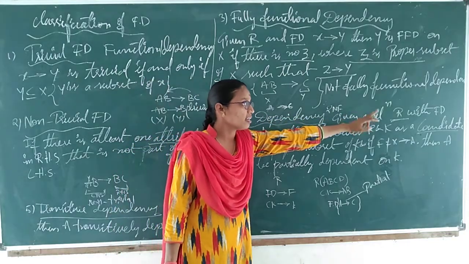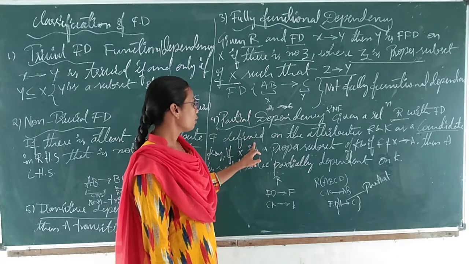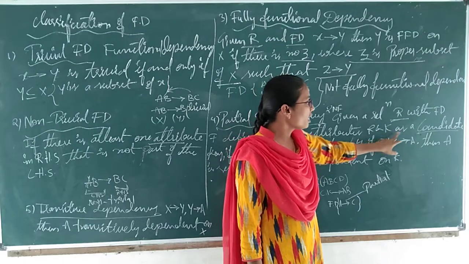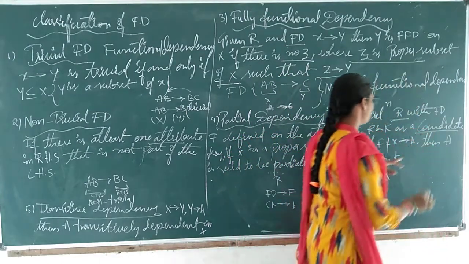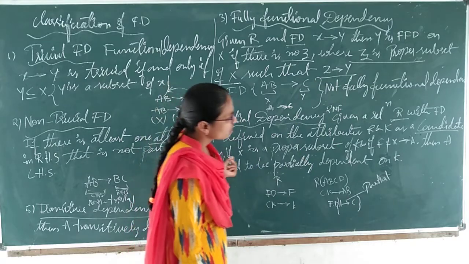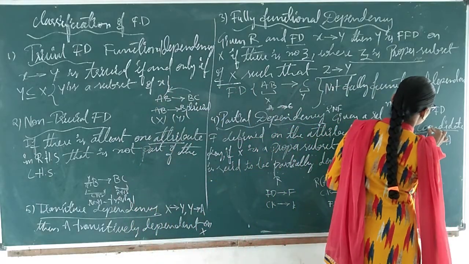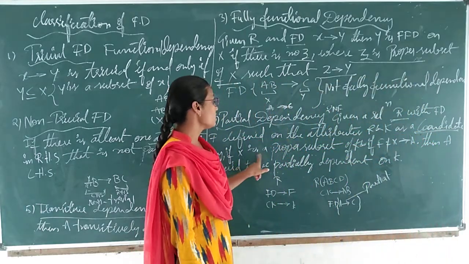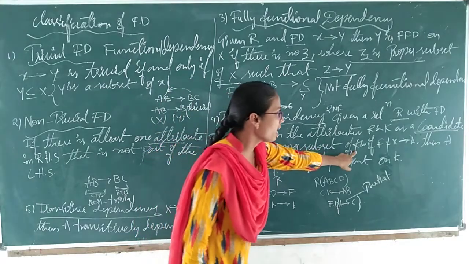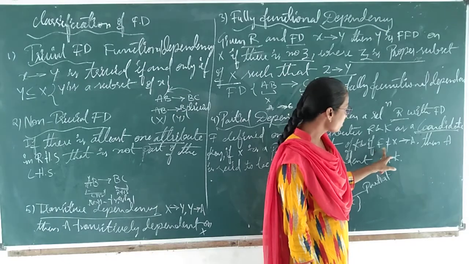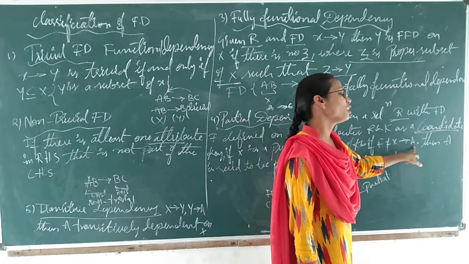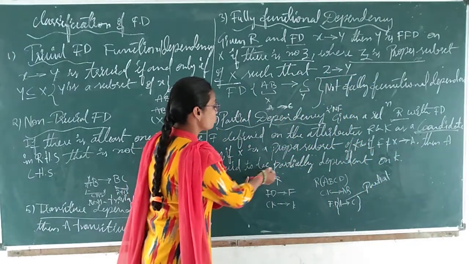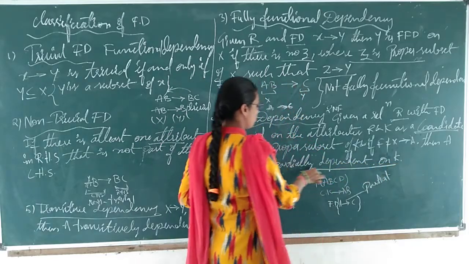Given a relation R with functional dependency F, defined on the attributes of R, and K as a candidate key, if X is a proper subset of K and if F is not equal to X determines A, then A is said to be partially dependent on K.